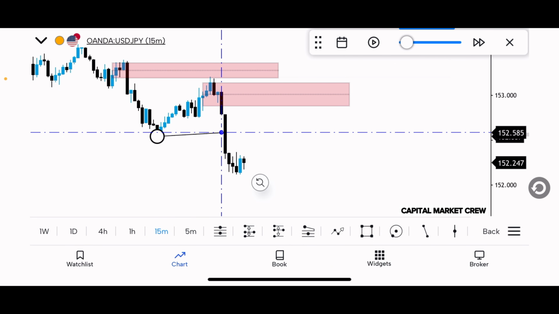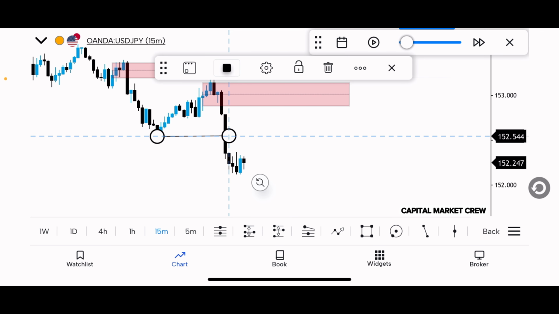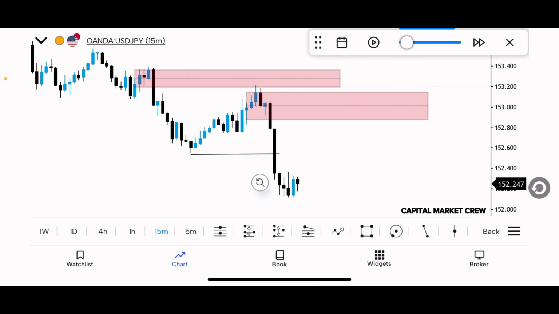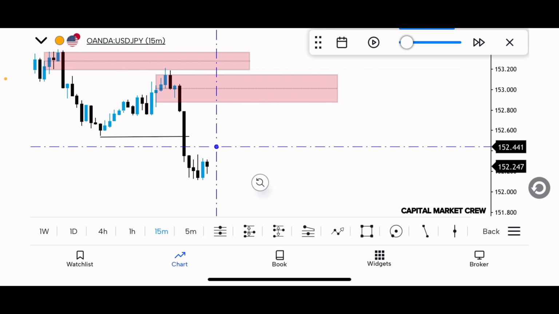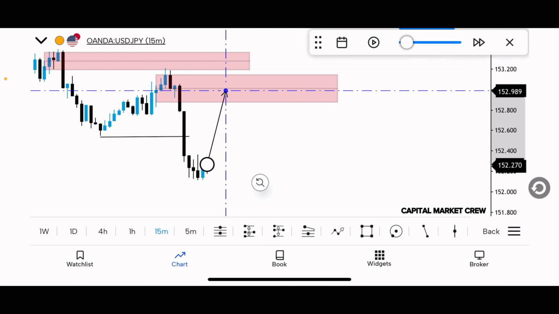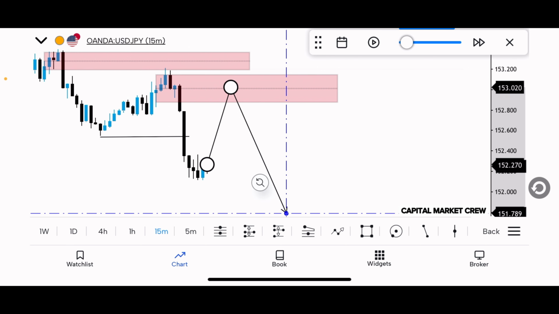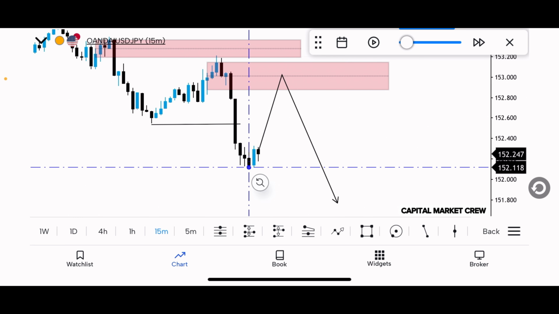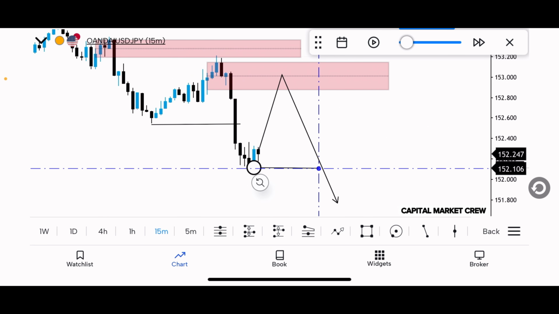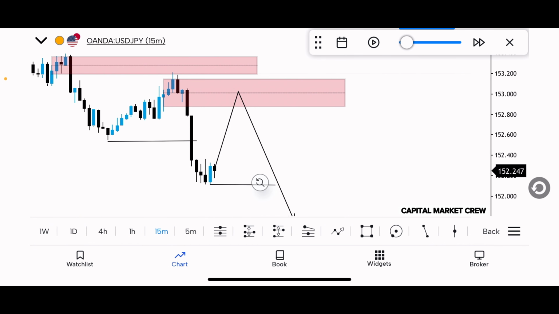As you can see, it broke this structure here. Broke this structure here. So we are waiting for a pullback here, for it to come down again to break the structure to maintain the downtrend.